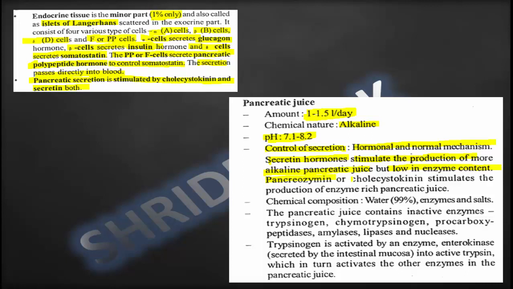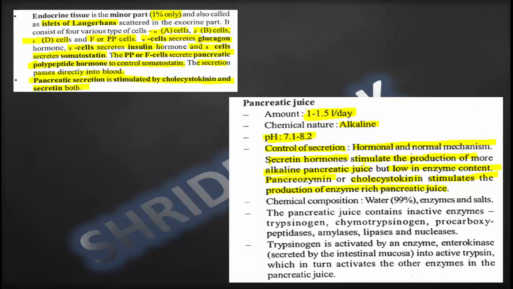Pancreozymin or cholecystokinin, another hormone, it is also called pancreozymin. This stimulates the production of pancreatic juice rich in enzymes. See, two hormones are mentioned here. One is secretin and another is cholecystokinin.